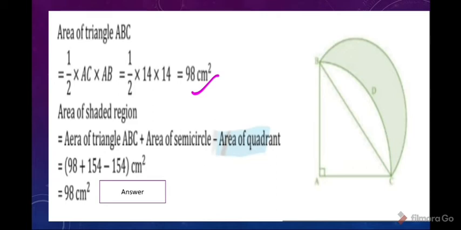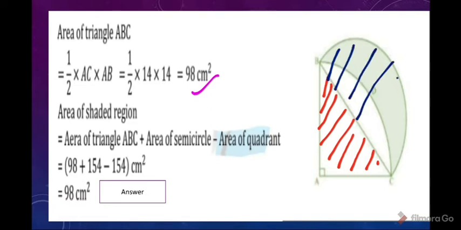First of all, add the area of this triangle with this one, the area of the semicircle. Done. You are adding the orange portion with blue portion. That means you are getting the area of the whole figure.